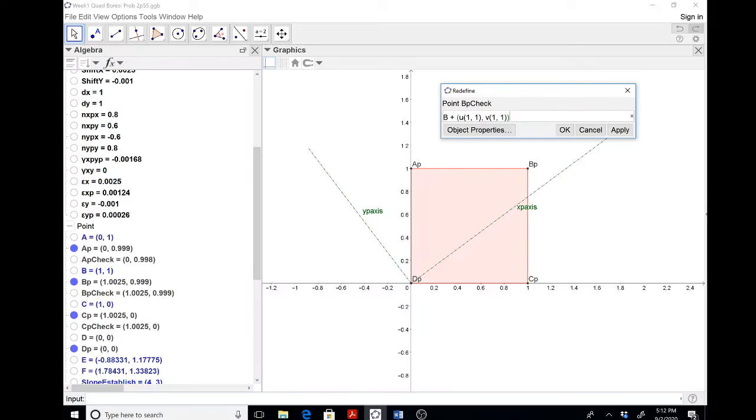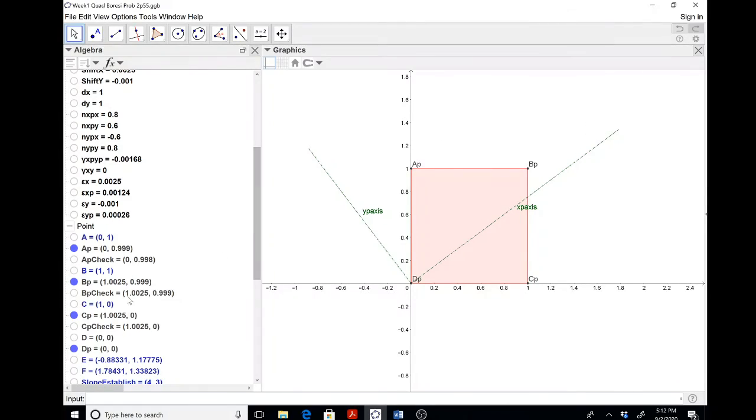So I said B prime check is the original B plus the U function at 1, 1 and the V function at 1, 1. And of course, B prime check completely matches B prime. Ladies and gentlemen, if C prime check doesn't work, you screwed up because C and A are the things that you fit the linear function to.